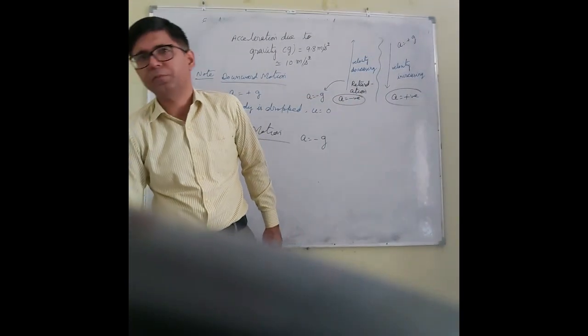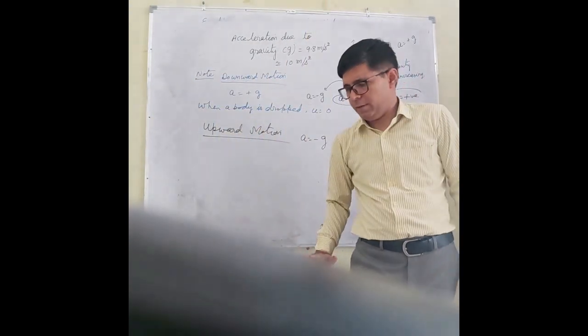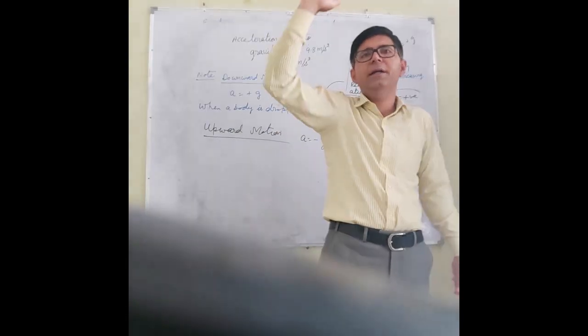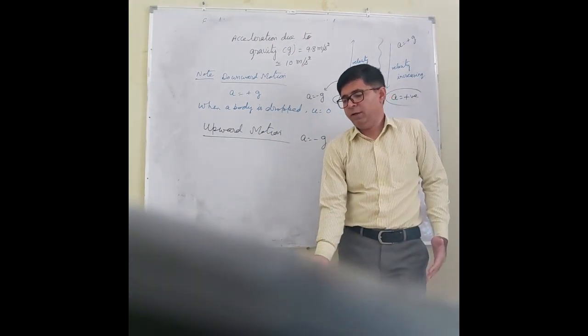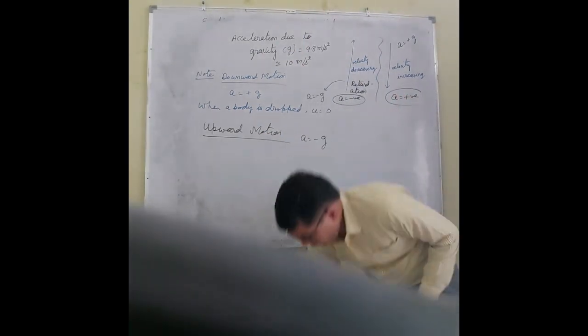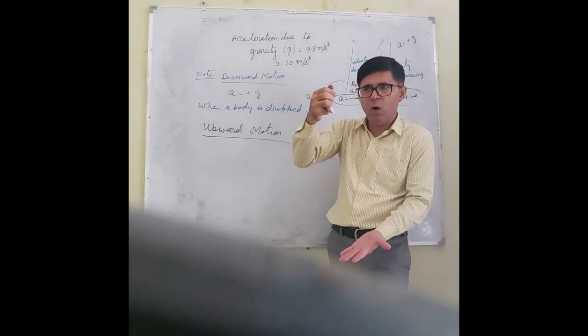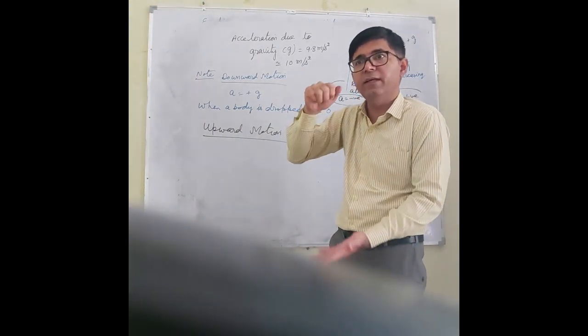Whenever you kick a football, let us say it moves up. What happens at the point of maximum height? Its velocity becomes 0. When I caught it, its final velocity is 0.